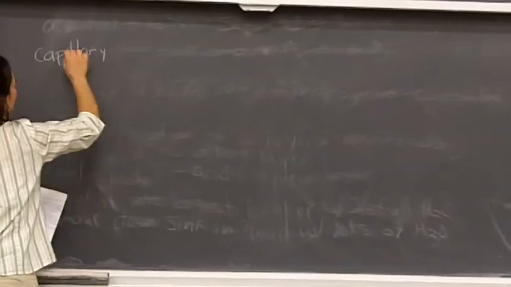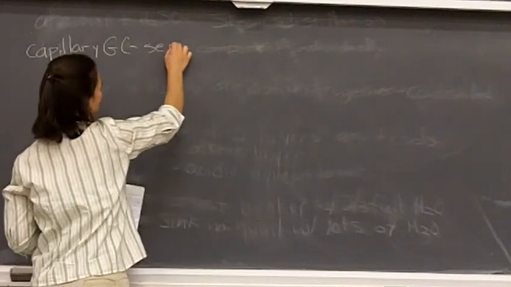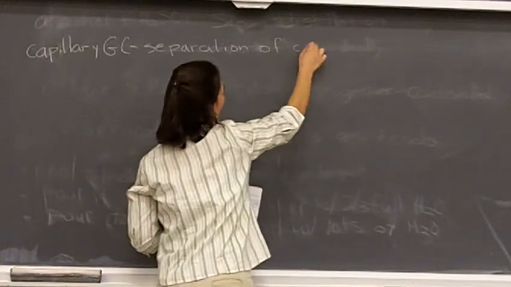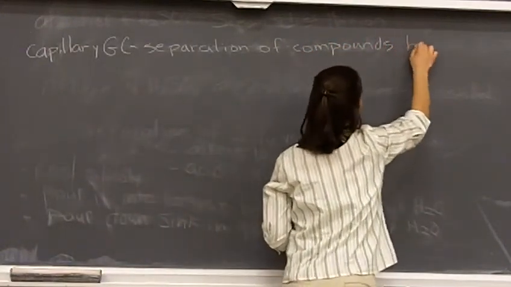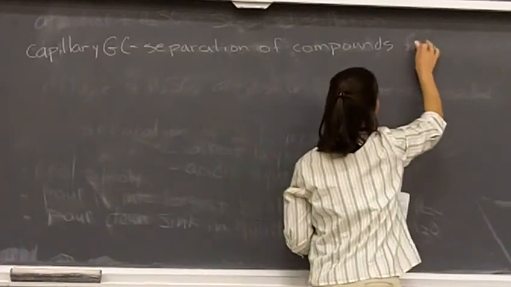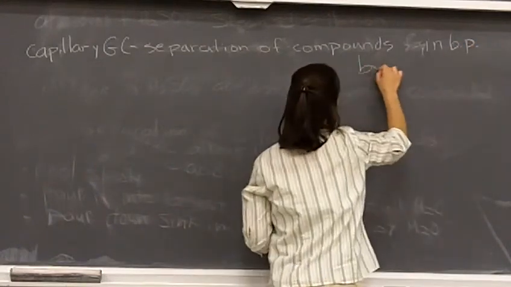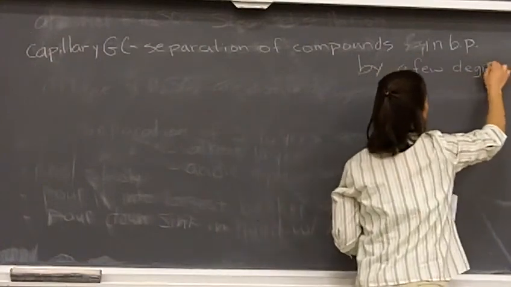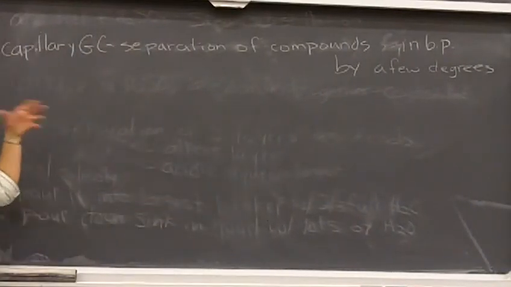With this capillary GC, you're going to get a separation of compounds that vary only a couple degrees in boiling point. And so that's how we can analyze a sample and decide what the alkene mixture is, by using the GC.